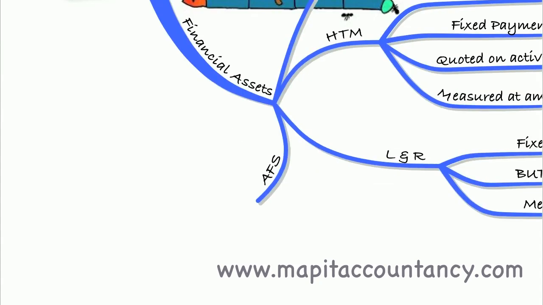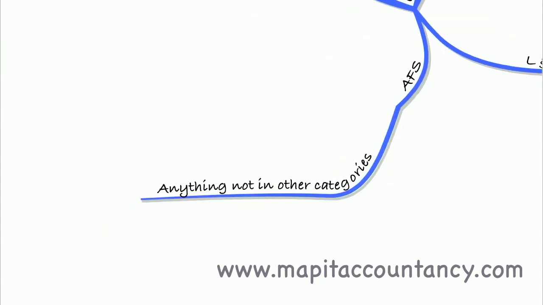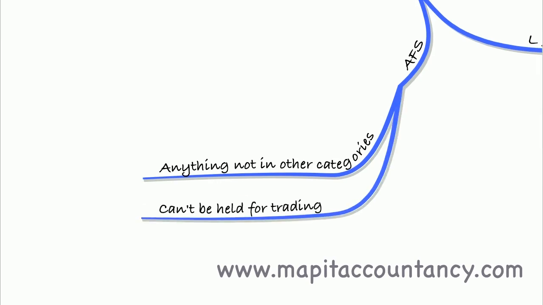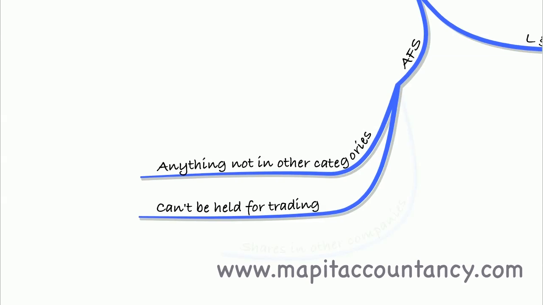Available for sale then is anything that's not in the other categories. Don't mix this up with fair value through profit and loss. Things that are actually held for trading purposes that you do intend to sell, ironically, aren't held as available for sale. They're held as fair value through profit and loss. So anything not in the other categories will be available for sale. It can't be held for trading because that would need to be fair value through profit and loss.